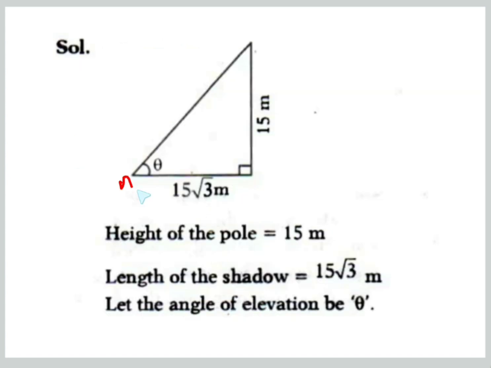Now look at here. This is A, B, C. Height of the pole, that is BC, equal to 15 meters. And the length of the shadow, that is AB, is equal to 15 root 3. And the angle is theta.